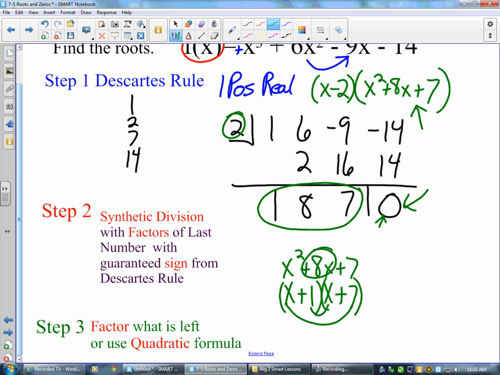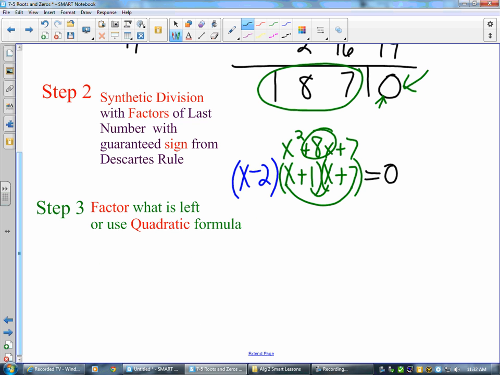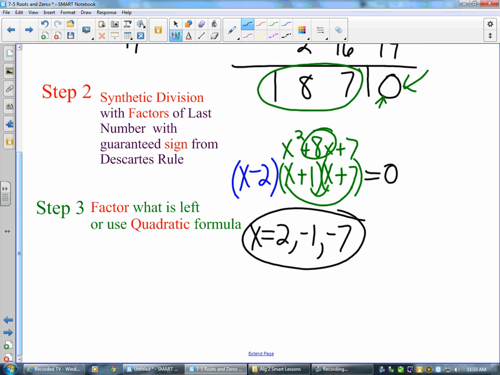So the factors of this, including our x minus 2, if this all equals 0, we can say our answers to this equation are x equals 2, x equals minus 1, and x equals minus 7. And we have found all 3 of our answers.